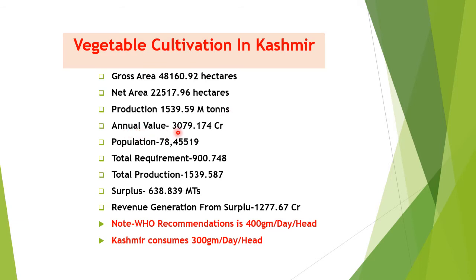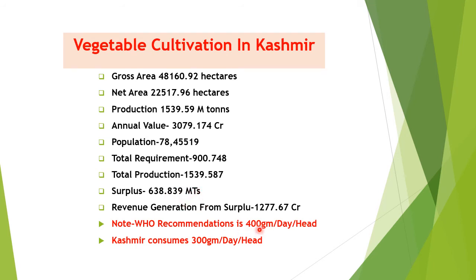Annual value 3079.174 crore. Population 78,45,519. Total requirement of vegetables is 900.74. Total production 1539. So we have a surplus of this much of metric tons.